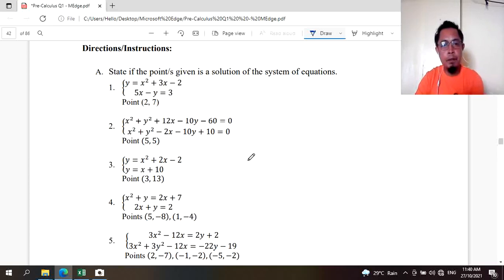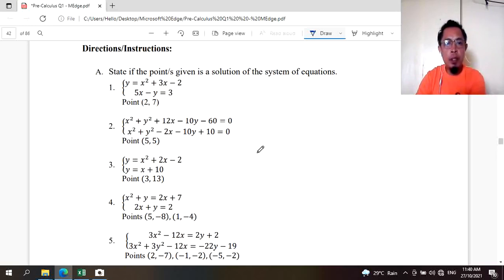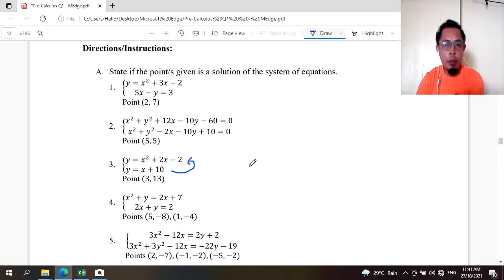We can pick number 3, okay? Here we are going to state if the points given are a solution of the system of equations. So let's try to adopt the number 3 exercise here. The y value is already provided here, so you just simply substitute that y value in the first equation.